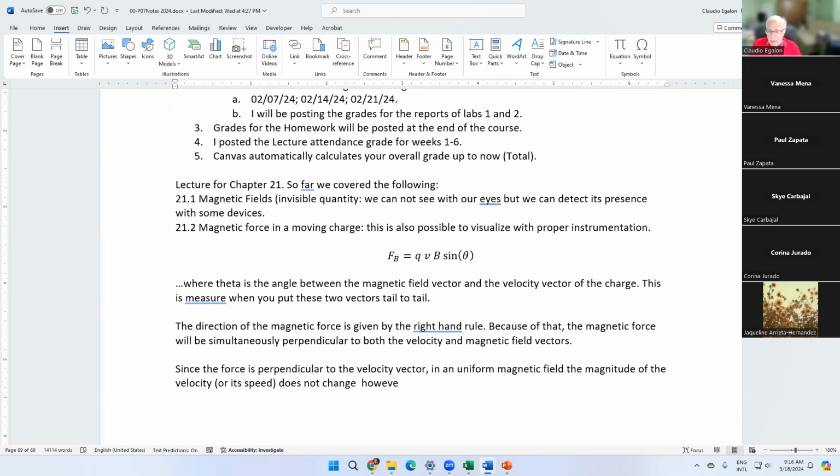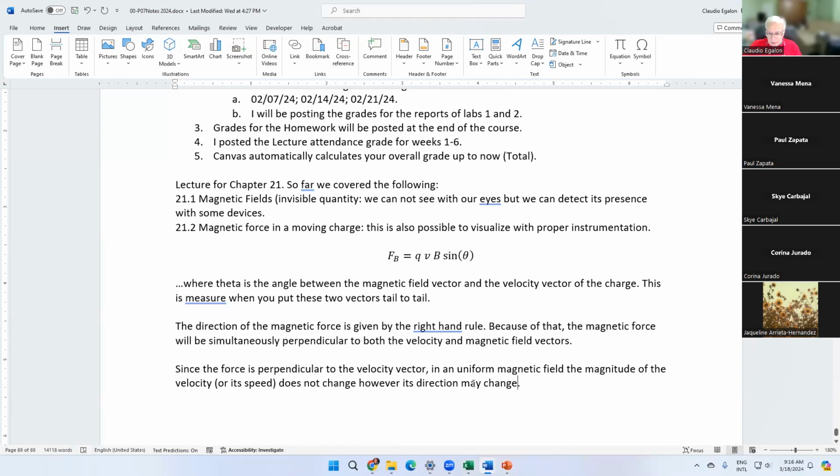However, its direction may change. I put may because the magnetic force can be zero.